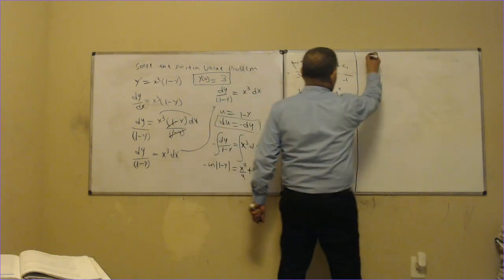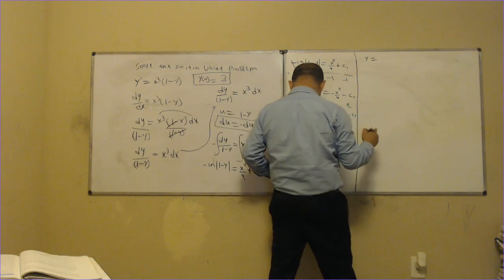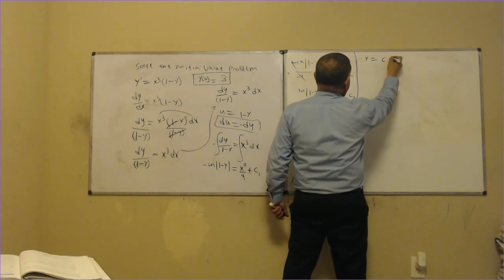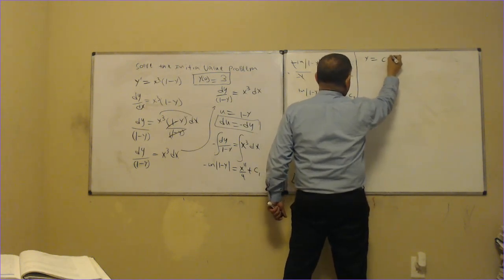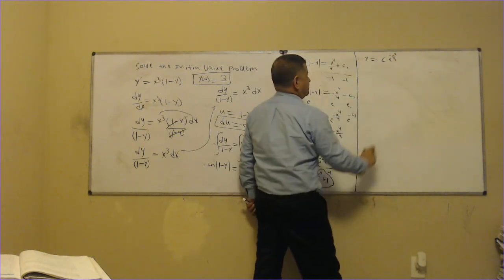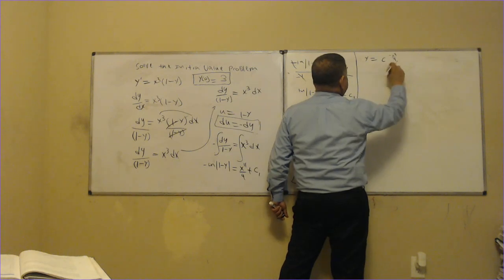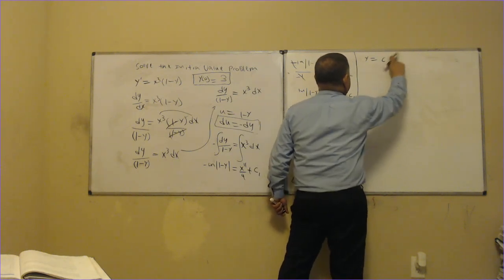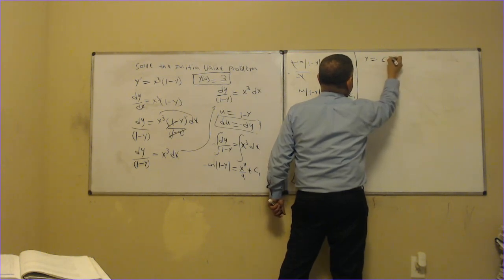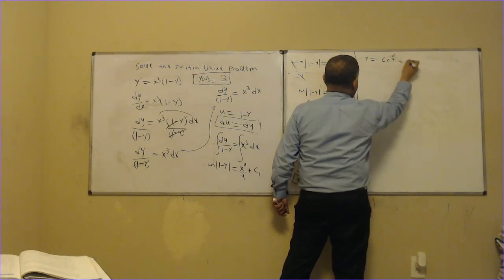So, y equals C e to the negative x to the fourth over 4, and this is, like I said, e to the negative x to the fourth over 4, plus 1.